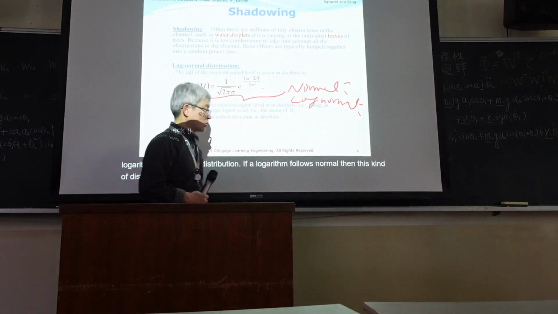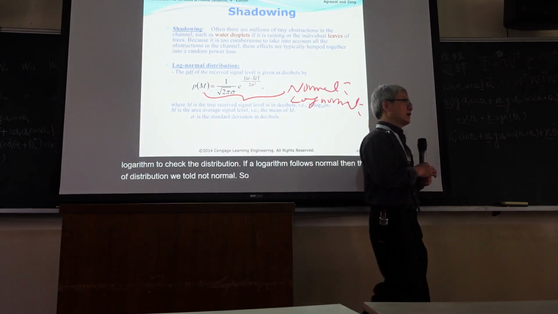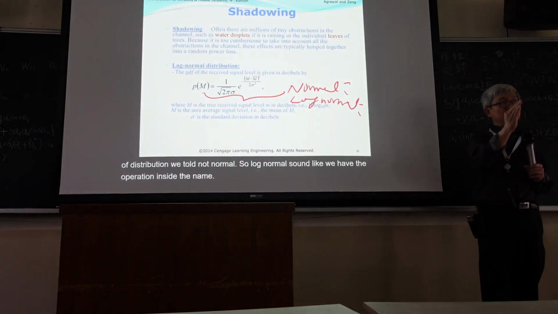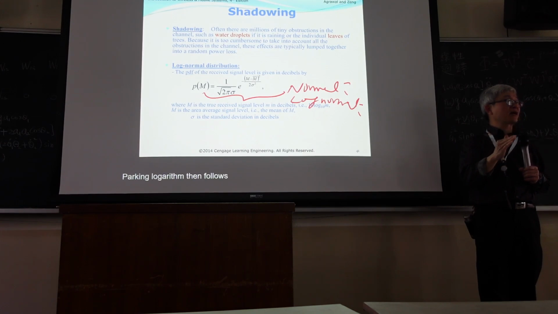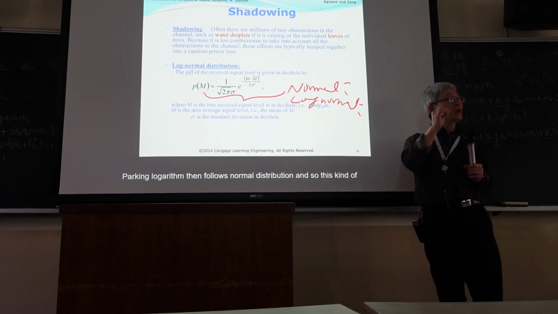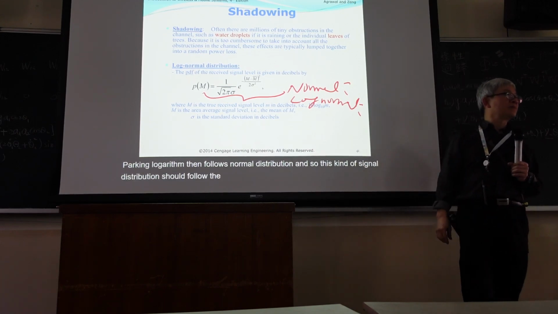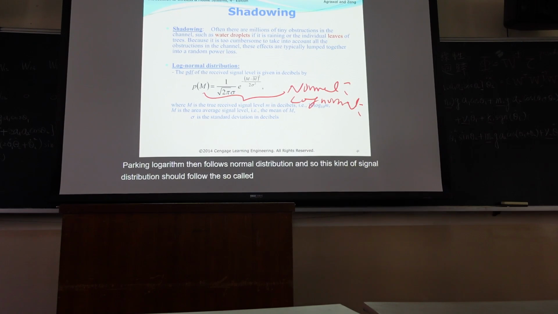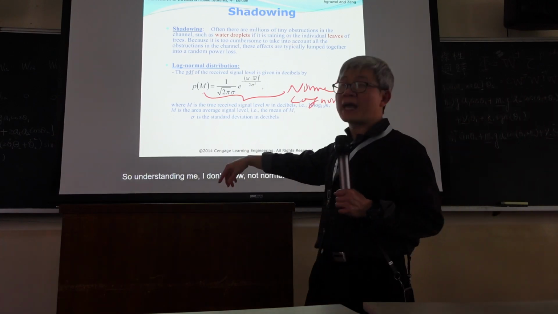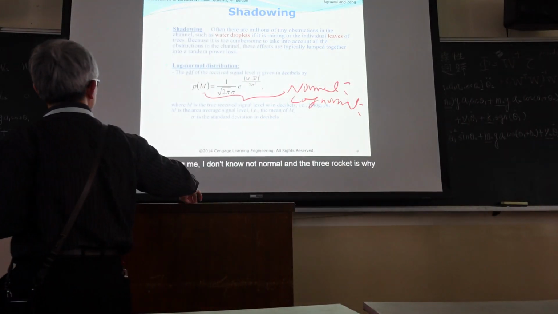So sometimes we have the operation inside the name: taking the logarithm, then following normal distribution. If so, this kind of signal distribution follows the so-called log normal. Do you understand the meaning?